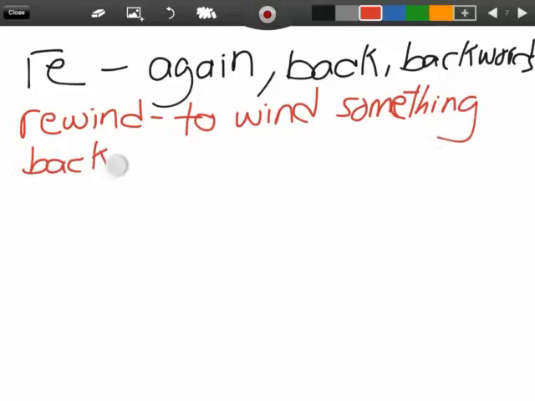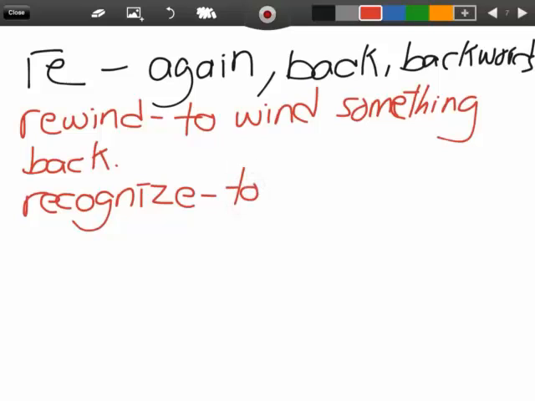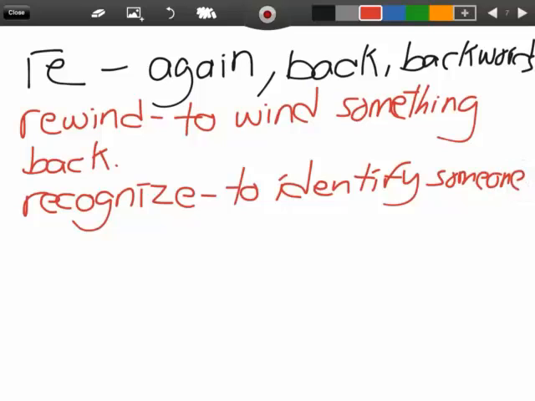I'm going to give you another example, recognize. And I'm going to give you the definition, and that means to identify someone seen before.